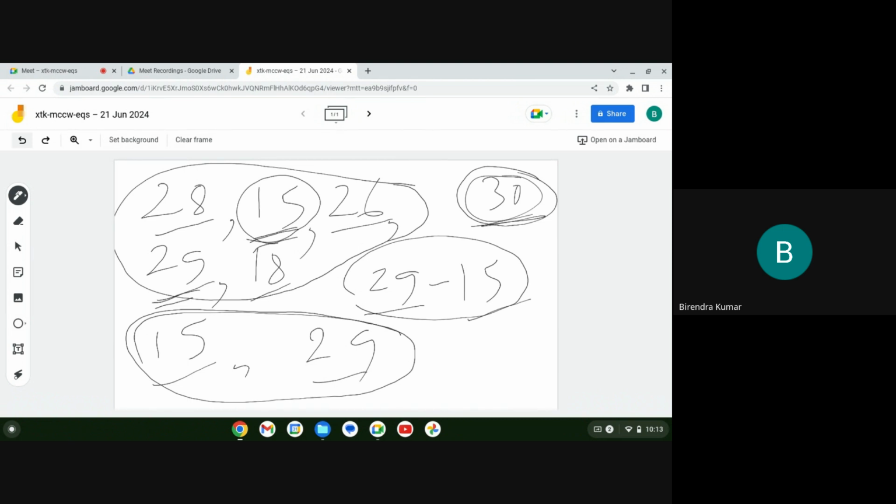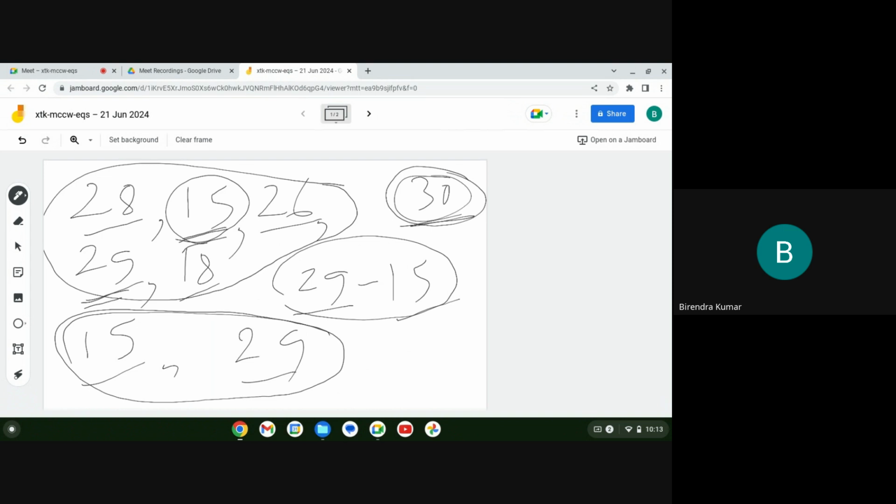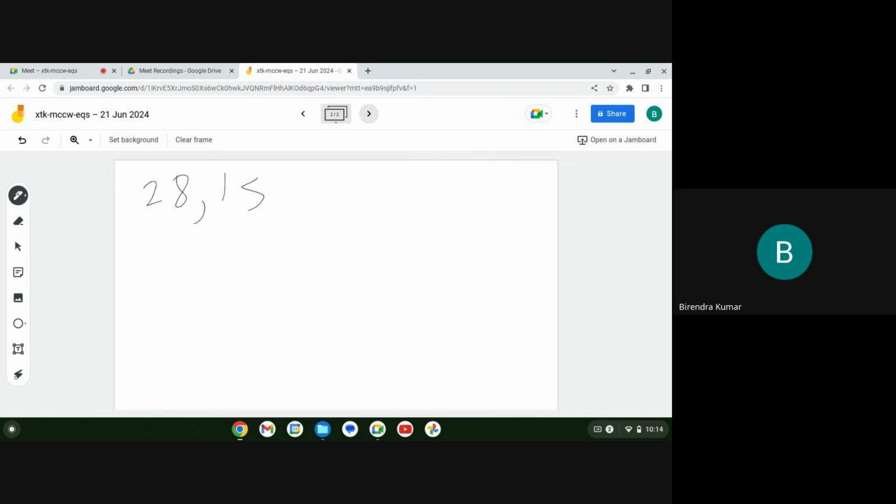Let me go to the next. 28, 15, 26, 29, 18. I just need to have these numbers with me. So what I said was the kids scored marks in the range of 15 to 29, because these were the smallest and the largest numbers.